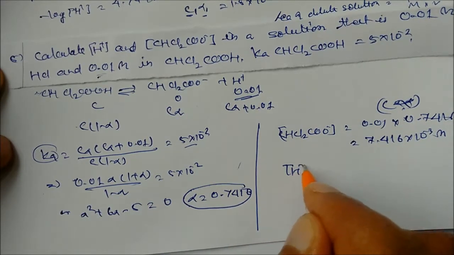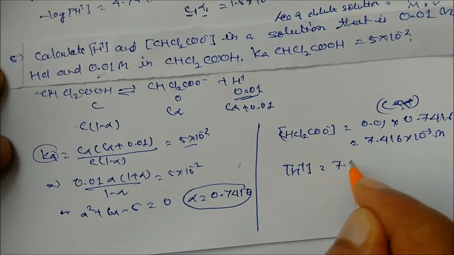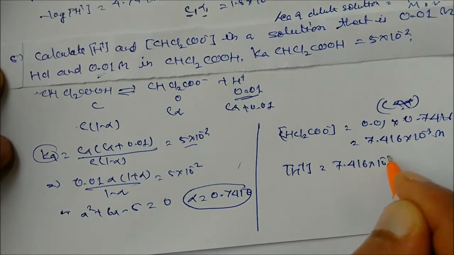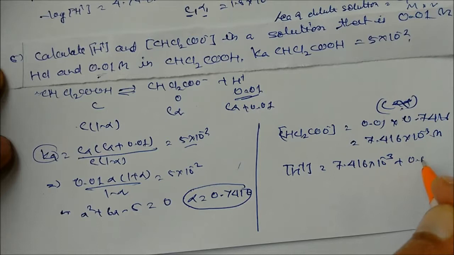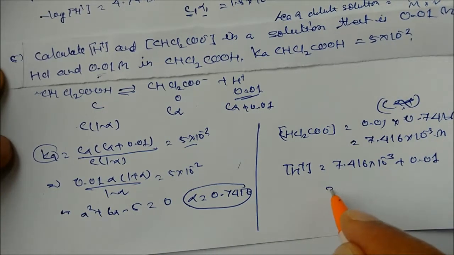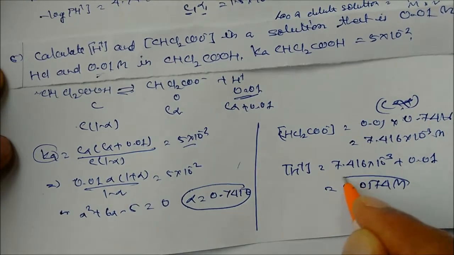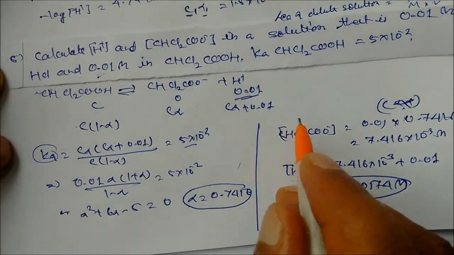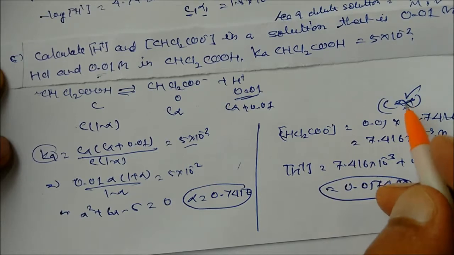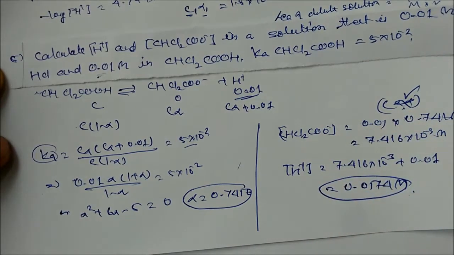And what is the concentration of H plus? The concentration of H plus will be 7.416 into 10 power minus 3 plus 0.01. So on solving you will get 0.0174 molarity. So we need alpha. After finding the alpha we will get these two values.